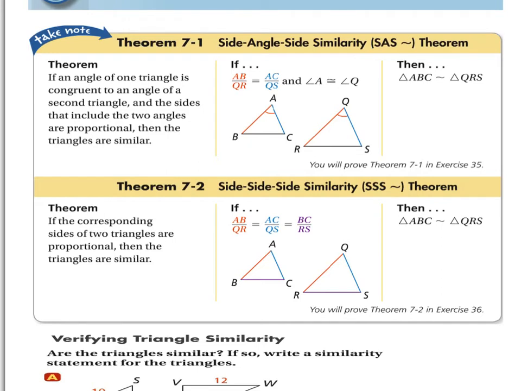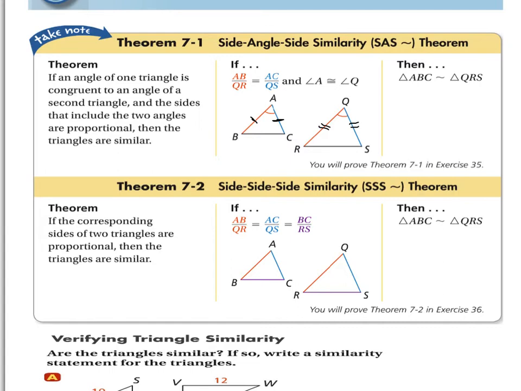So, you'll notice you see where the angle is here. Angle A and angle Q are congruent. Okay. And the sides that include them. So these two sides have to be proportional to these two sides. So AB over QR is to be equal to AC over QS.